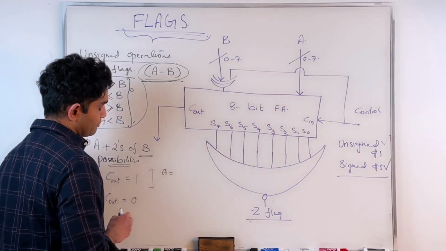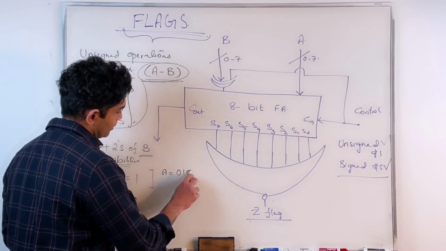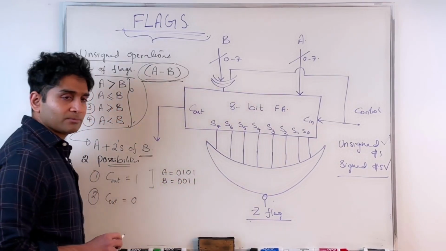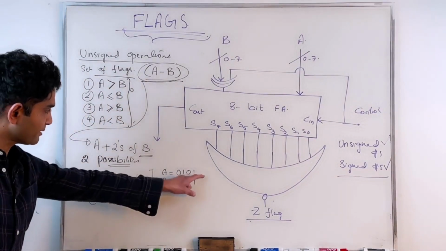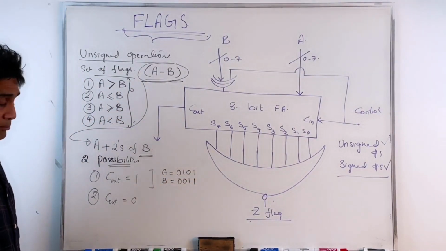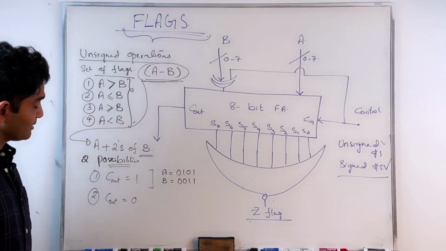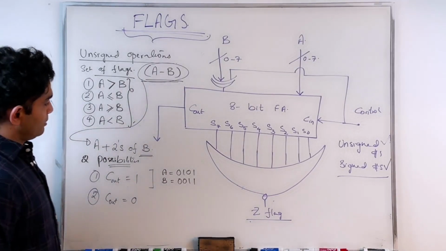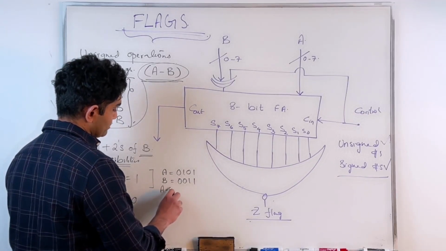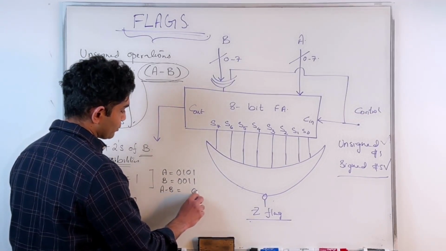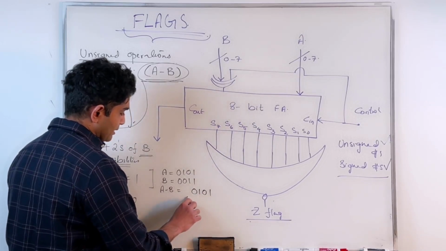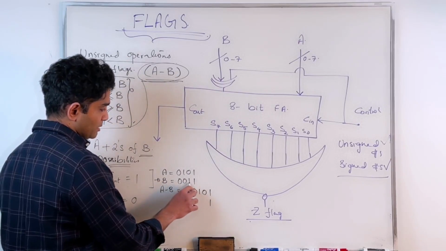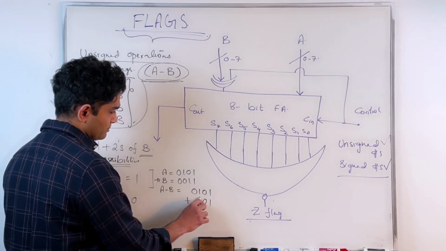Again, let's look at a simple example. Let's say A is 0101, B is 0011. Of course, A is larger than B here because these are both unsigned numbers, both positive numbers. So if I want to do A minus B operation, that corresponds to taking 0101 and adding to that the 2's complement of B, which is 1101.